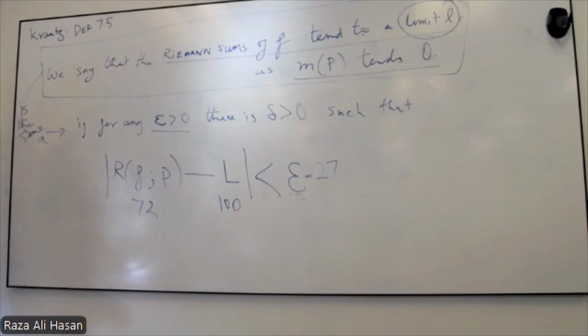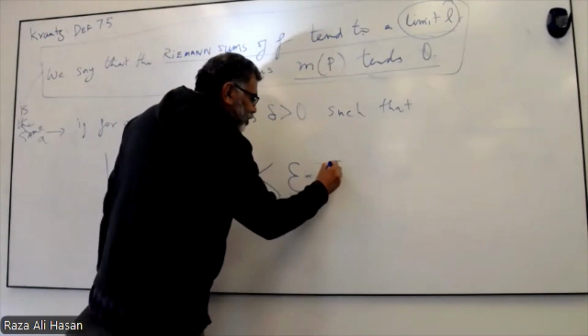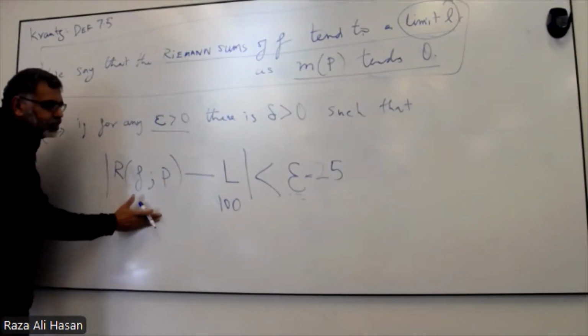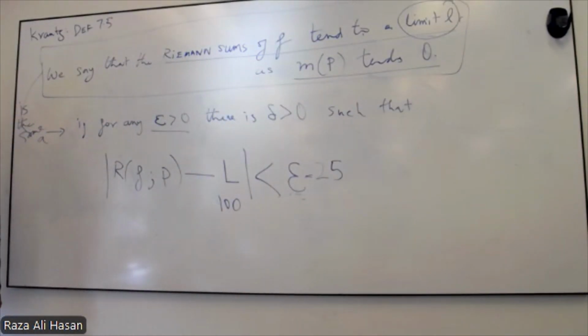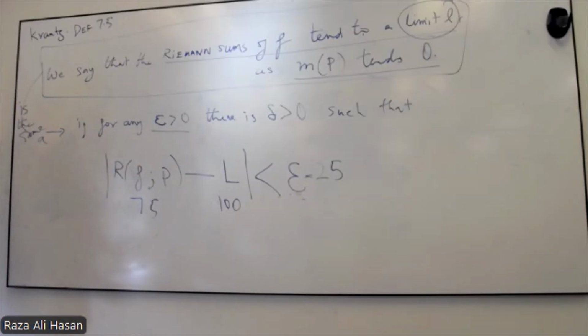No. Do I know math? No. Wait a second. Let's do this. That is easier. So this means this can't be more than 75. All right. 75 will work. It needs to be less than.